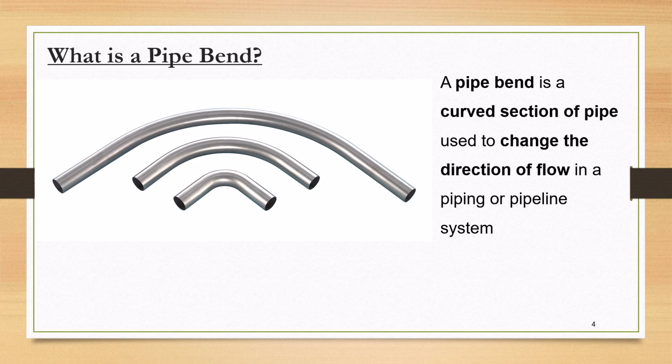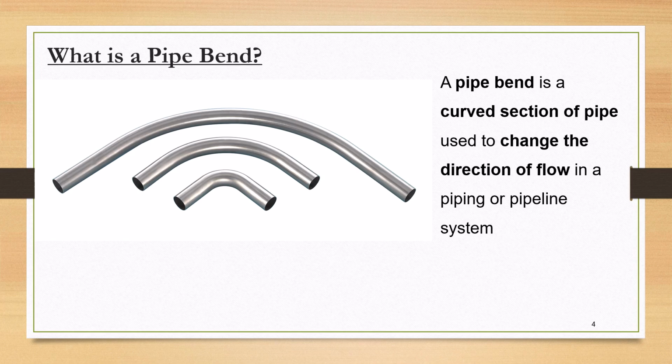In simple terms, a pipe bend is a curved section of a pipeline that redirects the flow smoothly from one direction to another without causing sharp turns or turbulence. So, a pipe bend can be defined as a curved section of pipe used to change the direction of flow in a piping or pipeline system. In this image, you can see some typical pipe bends.